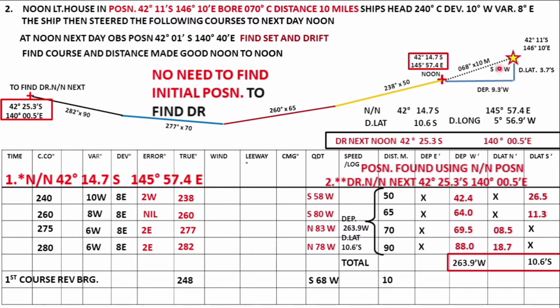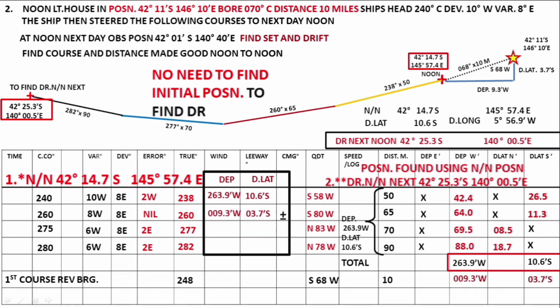So your first course is south 68 degrees west, and distance is 10. Find out the DLAT and departure for this course and distance, which have come up here. And then we take the algebraic sum, because you might have to add or subtract depending upon the directions of your DLAT and departure.